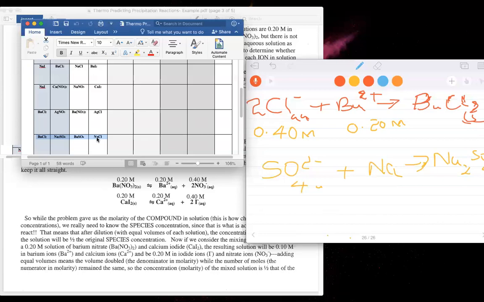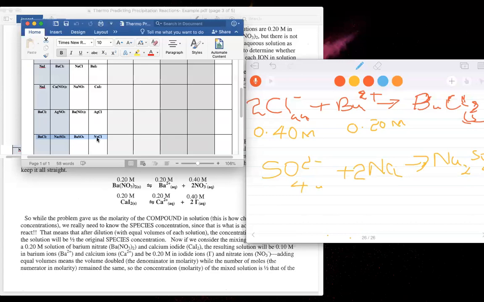What I'm doing here is finding the concentration of each ion so that when I mix, I'll know what I'm going to use for my reaction quotient. So it was 0.2. This needs to be balanced out for 2 moles of sodium.